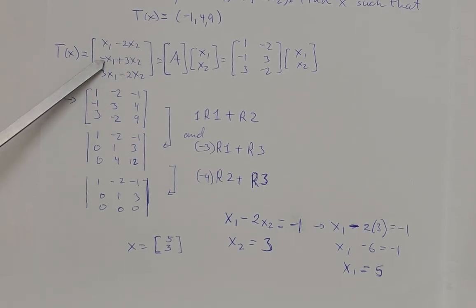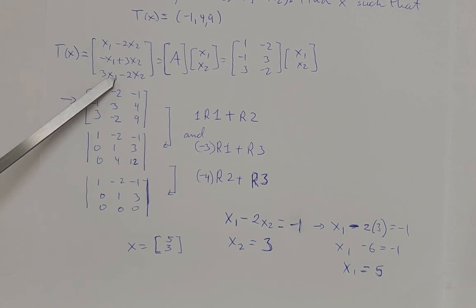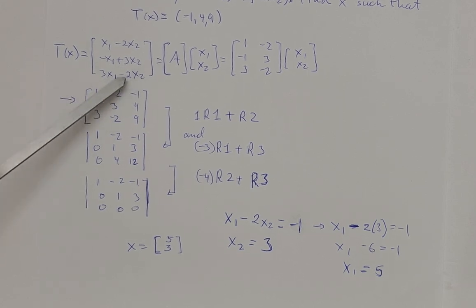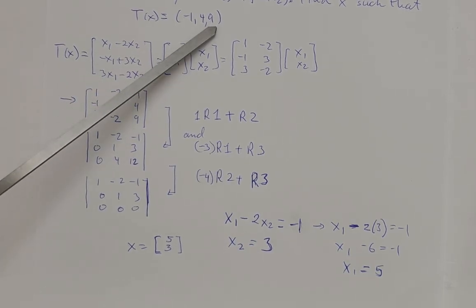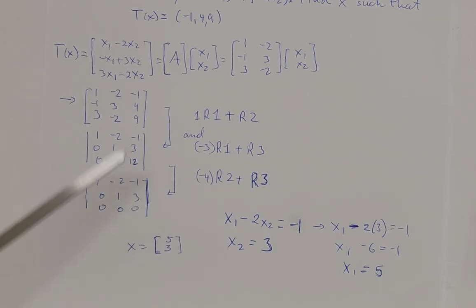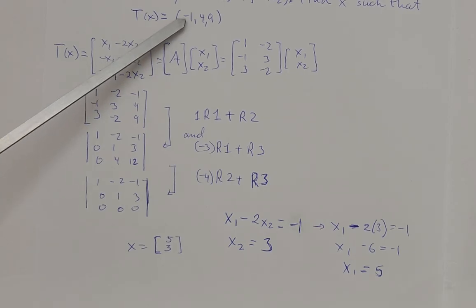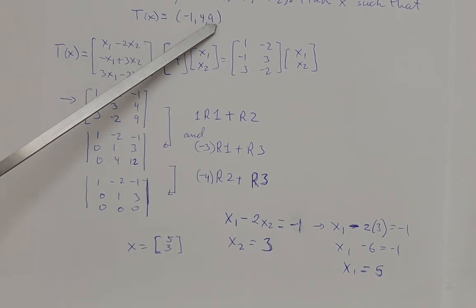Right here, I put 5, so that's negative 5. 3 times 3 gives me 9, so negative 5 plus 9 gives me 4. Put the 5 in here, that gives me 15. Put the 3 in here, gives me 6. 15 subtract 6 gives me 9. So this solution is true because when I put this solution in, it becomes negative 1, 4, 9.